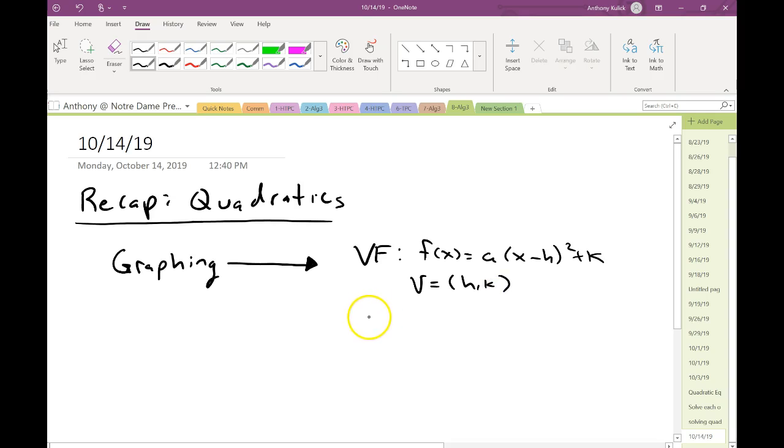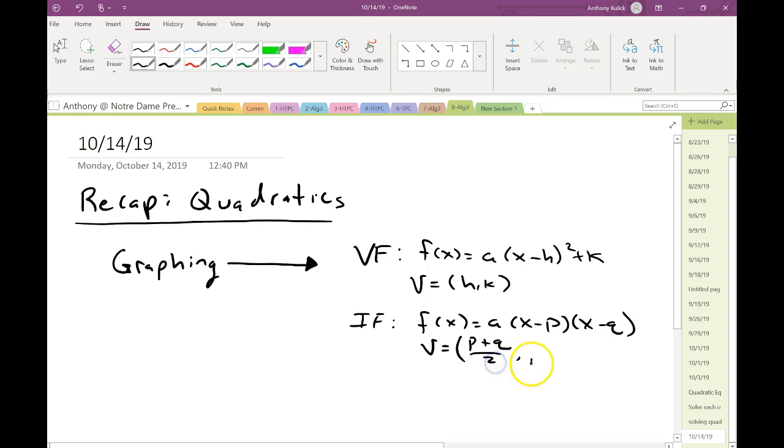So we had a different way to find the vertex regardless of which form we were in. So vertex form, intercept form, and then standard form.